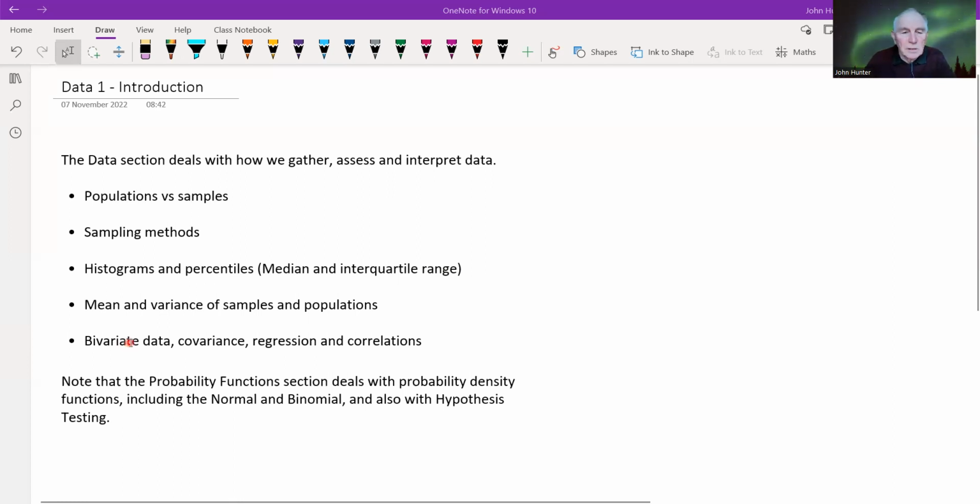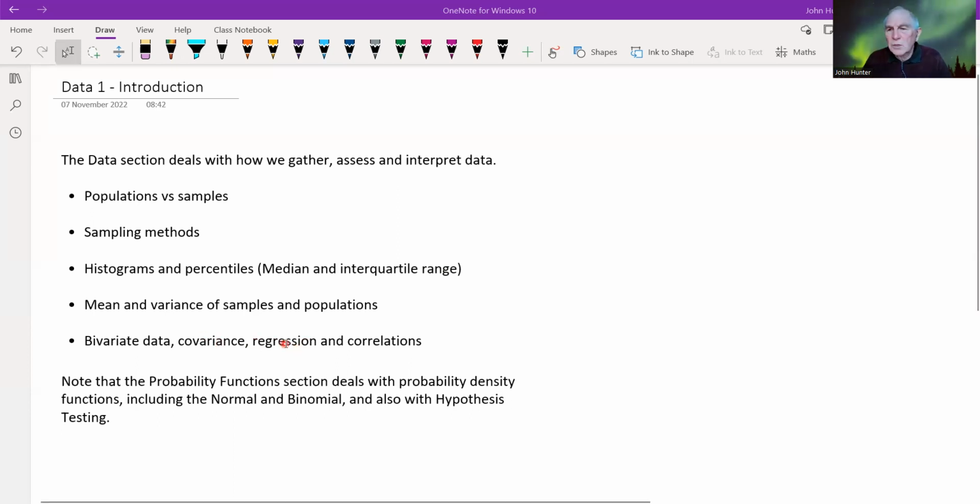Do we believe there's a relationship between those? So that's what we mean by bivariate data. Bi means two, variate means these things vary. Covariance is a concept. It's a bit like variance, but it's applied to bivariate data, so it gives us an idea of the variation of the pairs of data.